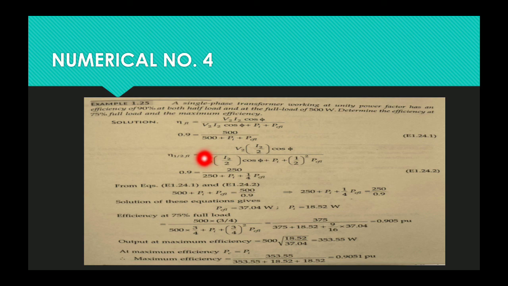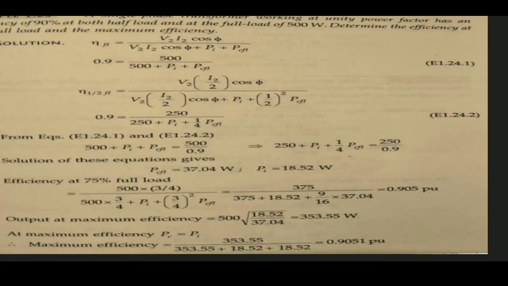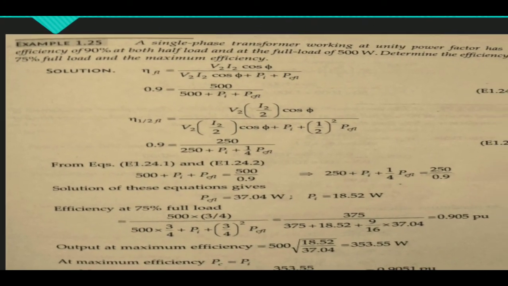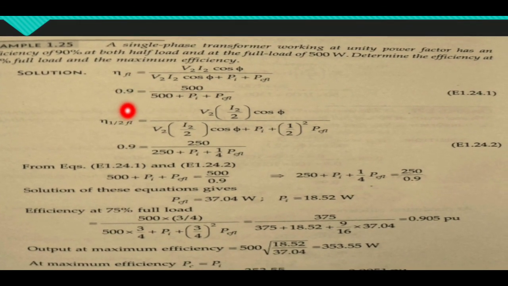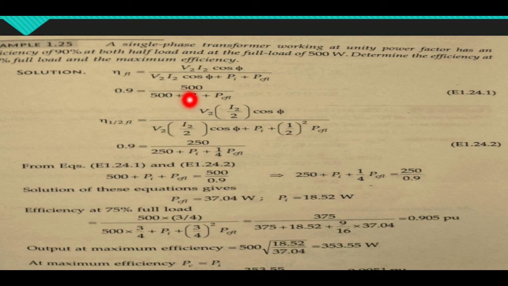So here we can see that efficiency is 90%, that is 0.9 per unit, equals the full load power output, which is 500 watt, so 500 by 500 plus Pi plus PCFL.